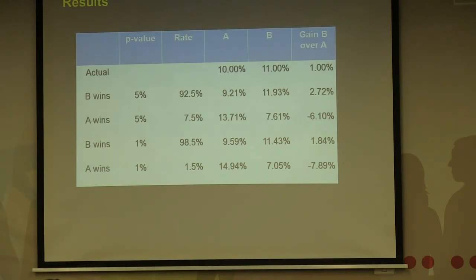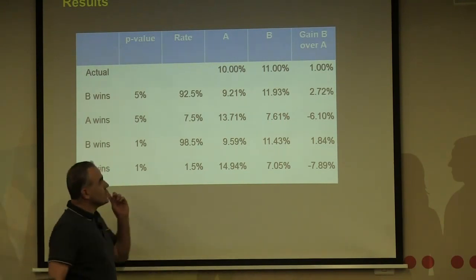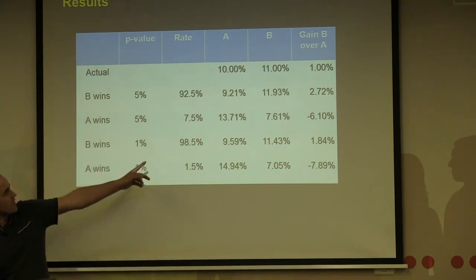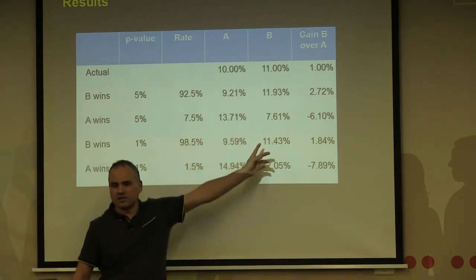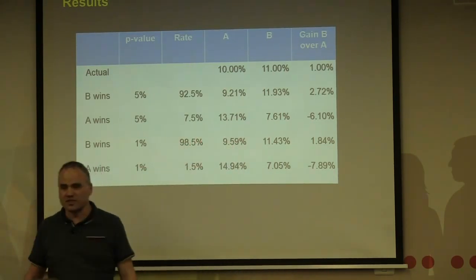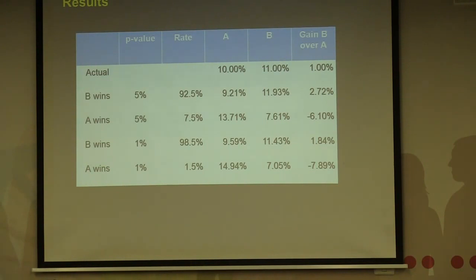Although it is down by 1%, it will win in 7.5% of the cases. Then I listed here the averages. When B wins, you see 11.93 versus 9.21 on the average. And when A wins, you see A has a much higher margin, 13.71 compared to 7.61. That's when you stop at 5%.